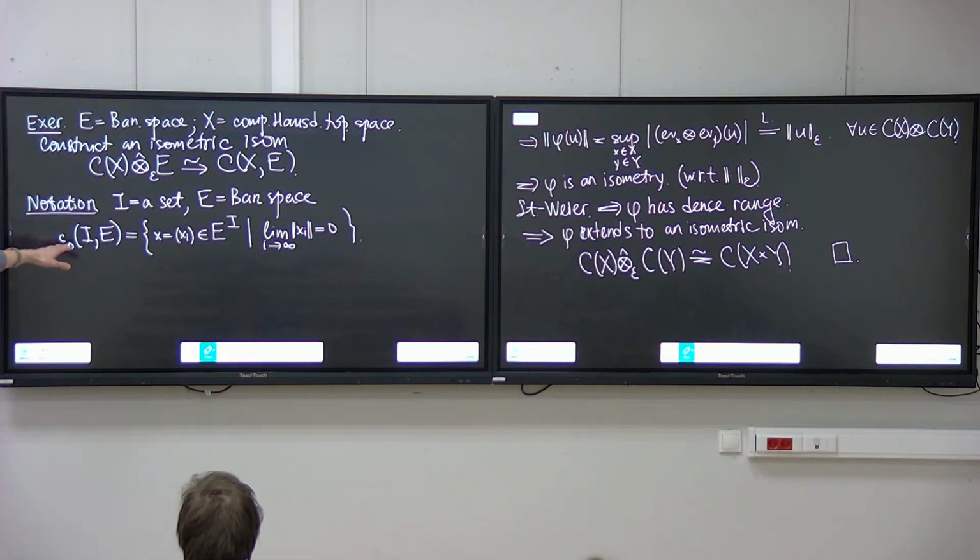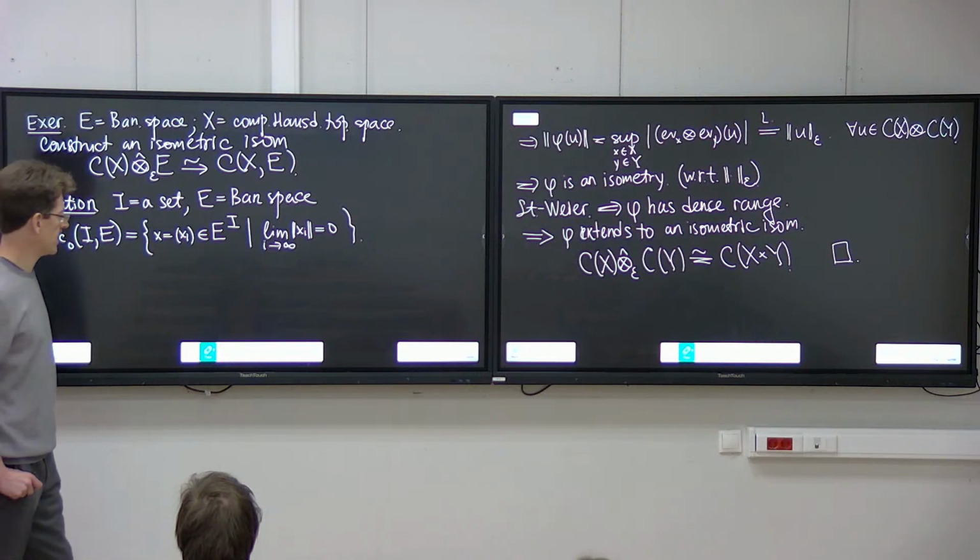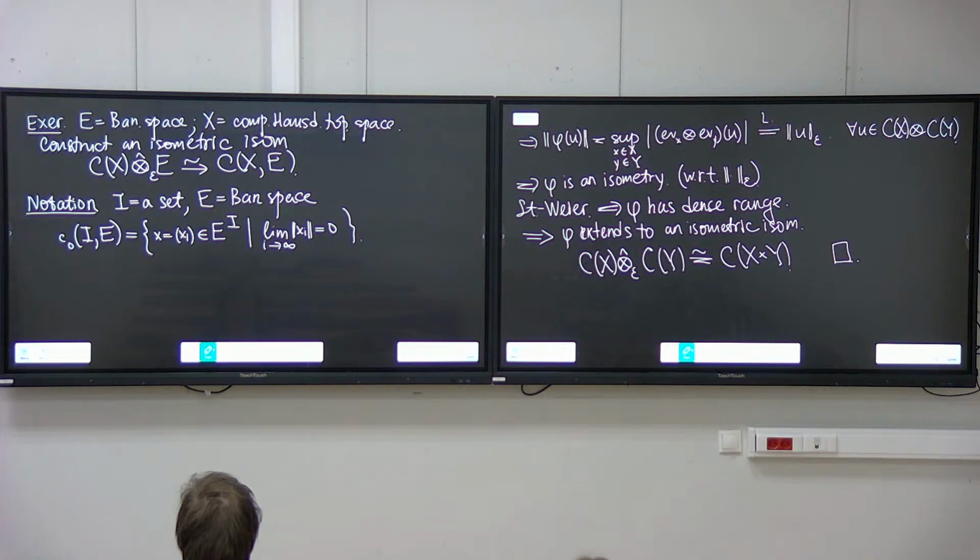Well, it's clear what this means if I is countable, but in the general case, the definition is more or less the same. This means that for every epsilon, we have the norm of x_i less than epsilon for all but finitely many i.